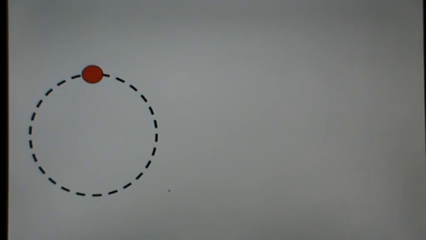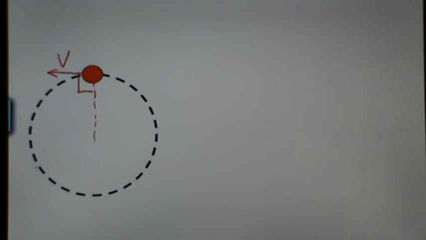The object which moves in a circular path also has a linear velocity v, and the velocity v is tangent to the circle, meaning that the direction is perpendicular, like this, to the radius of the circle.